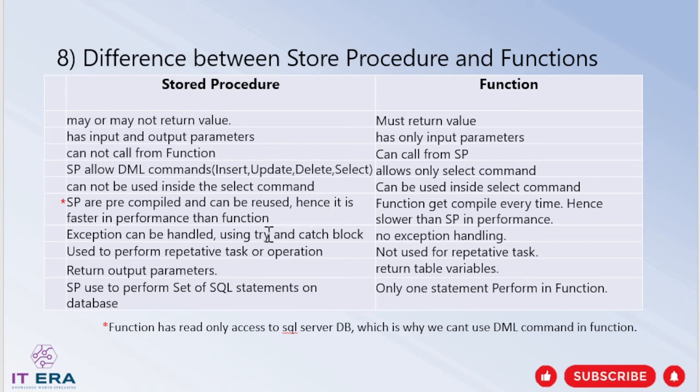In store procedure, exceptions can be handled by using try catch block, but in a function, it cannot be handled by using try catch. Store procedure is used to perform repetitive tasks or operations. Function is not used for repetitive tasks. Store procedure returns output parameter and function returns table values.